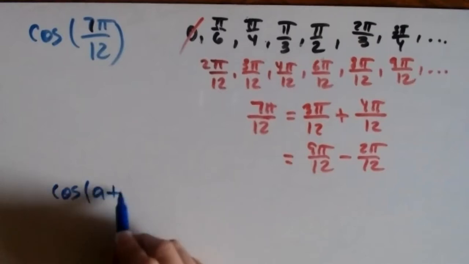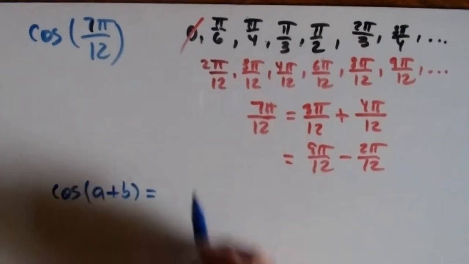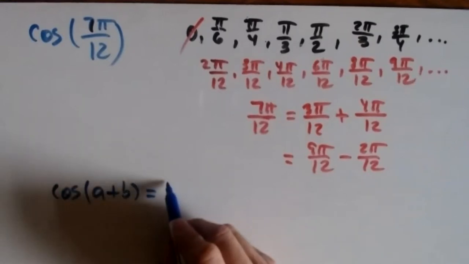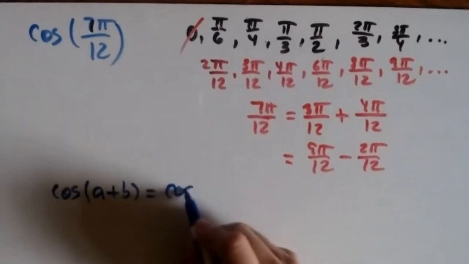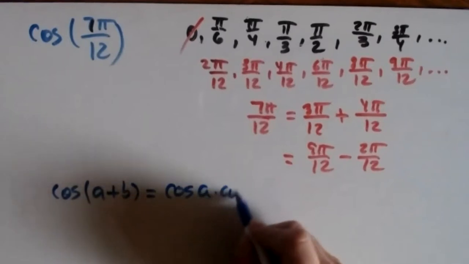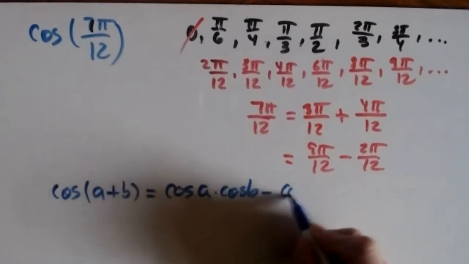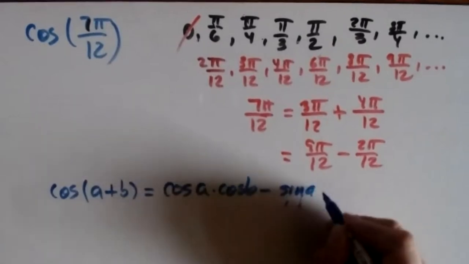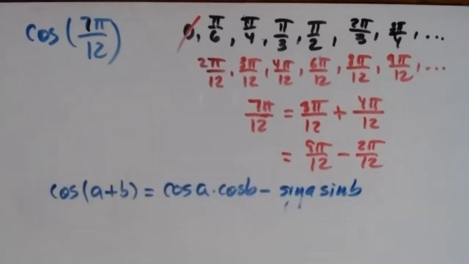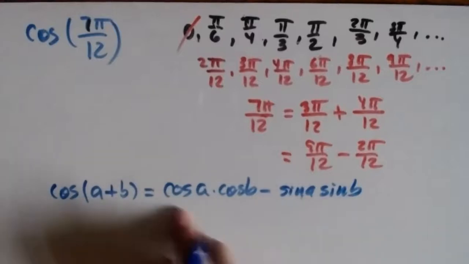Well, let's use the plus. It's going to be cosine A times cosine B minus sine A sine B, correct? So this is what we have.